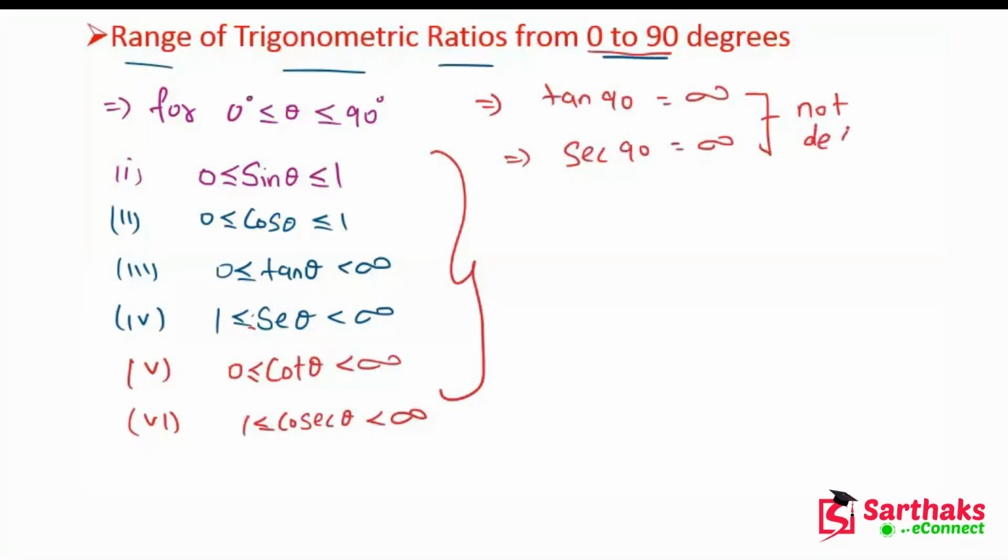And if we talk about the value of cot theta at 0 degree, it is infinity, and cosec theta at 0 degree is also not defined.